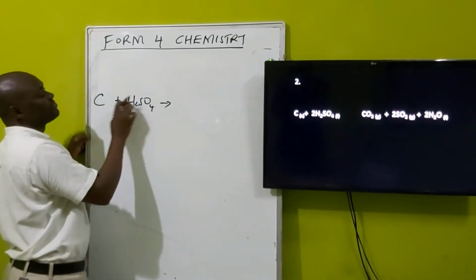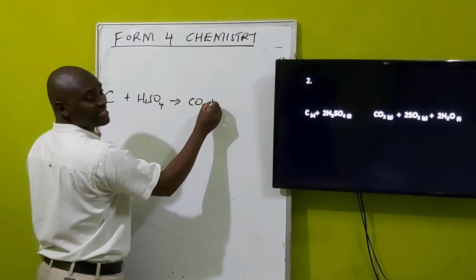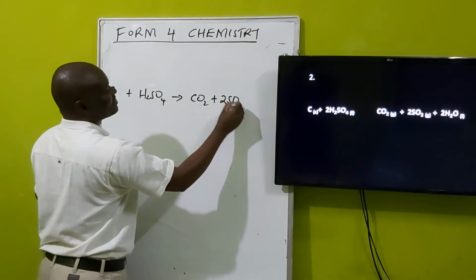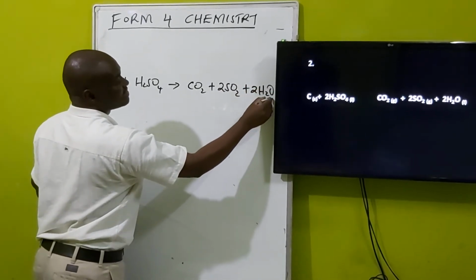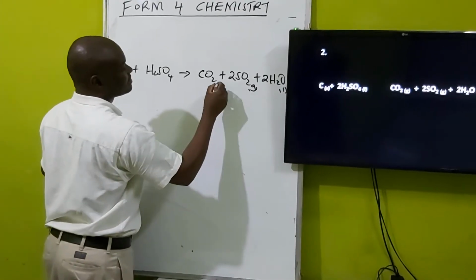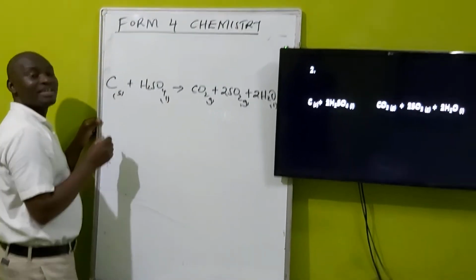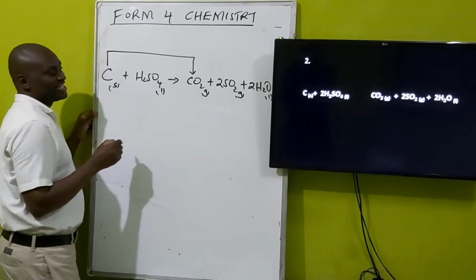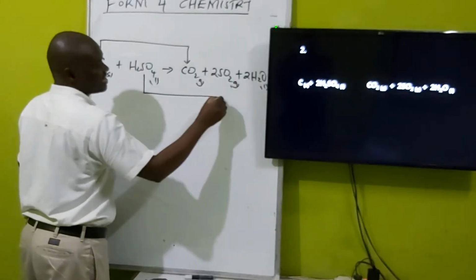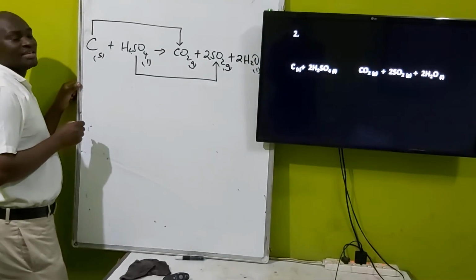So we have carbon plus sulfuric acid to give carbon 4 oxide plus sulfur 4 oxide plus water. So this one is a liquid. Again, carbon is changing to carbon 4 oxide, and sulfuric 6 acid to sulfur 4 oxide.